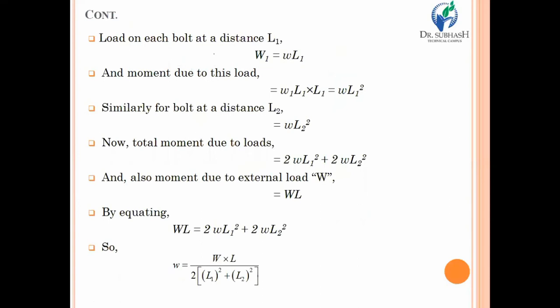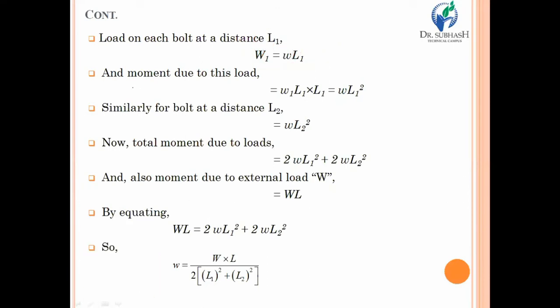Now, first of all, you have to calculate the load on each bolt at distance L1. So capital W1 is equal to small w into capital L1. This is the direct load, and this is the load acting on the bolt per unit distance. Here the distance is L1. So the total load acting on each bolt located at a distance L1 will become W1 is equal to small w into L1.